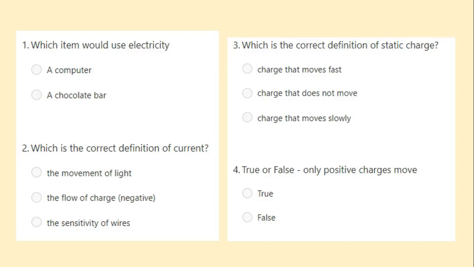Question 3 is: which is the correct definition of static charge? Is it charge that moves fast, charge that does not move, or charge that moves slowly? And question 4 is a true or false. Only positive charges move.